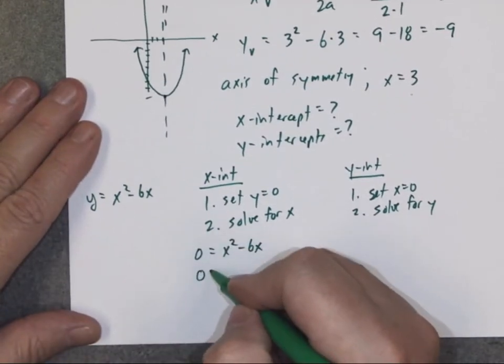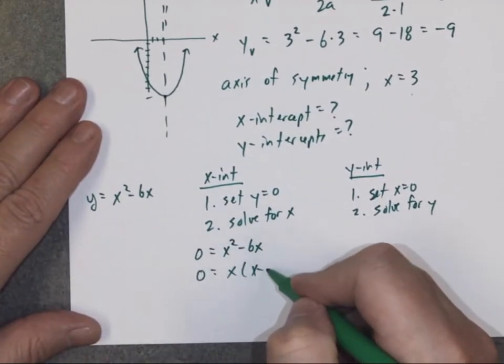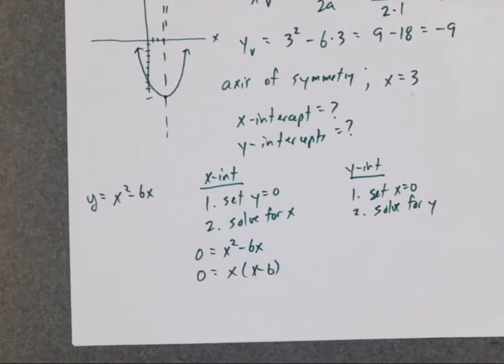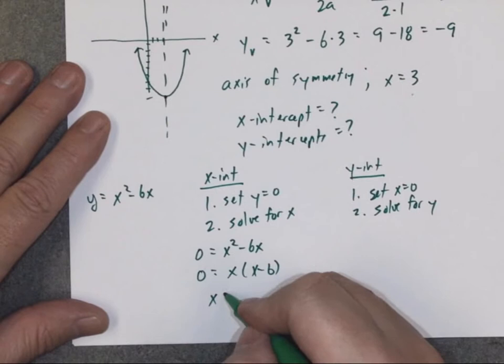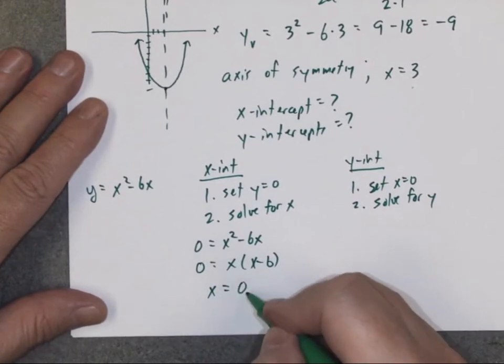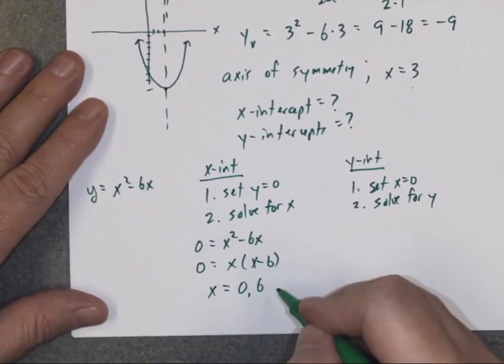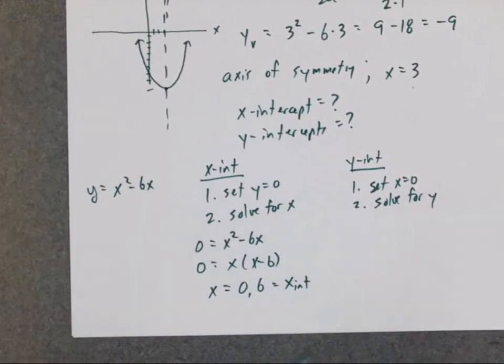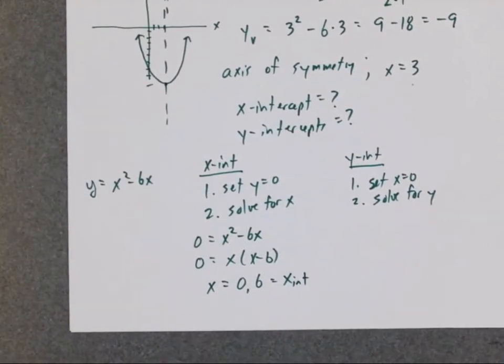Well, let's factor out an x. Hopefully, all of you know how to solve equations like this. The solutions are x equals 0 and 6, which are the x-intercepts. So for the question about the x-intercepts, you would put 0 and 6.